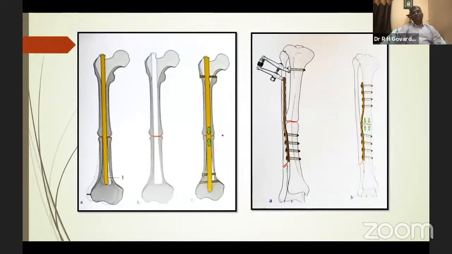Here you can ream the canal again and put in an interlocking nail because the alignment is good. What it requires is more stability at the fracture site. Once rotational stability is provided by the interlocking nail, it will heal. The second example is a fractured tibia with a hypertrophic non-union.